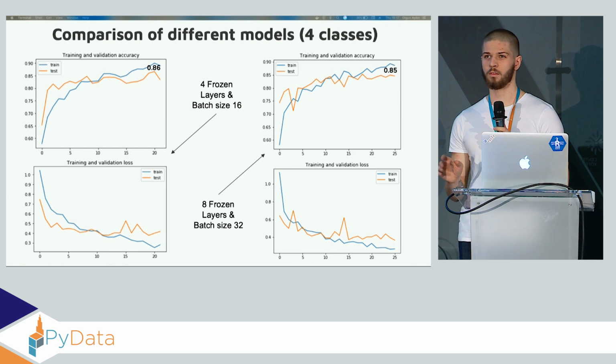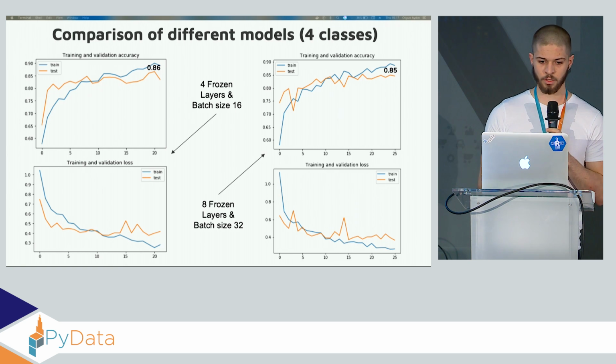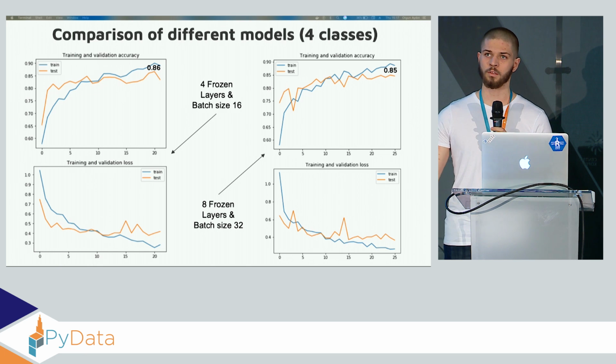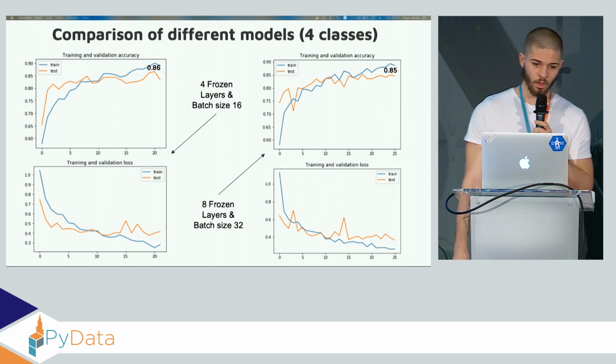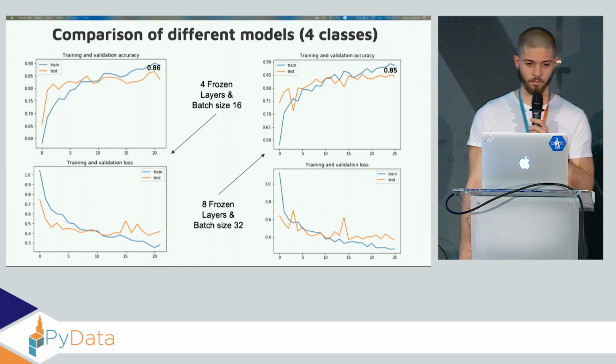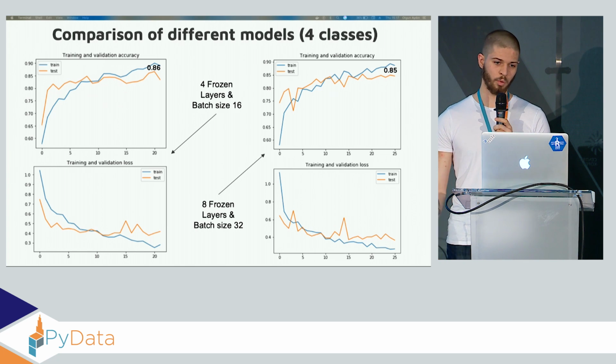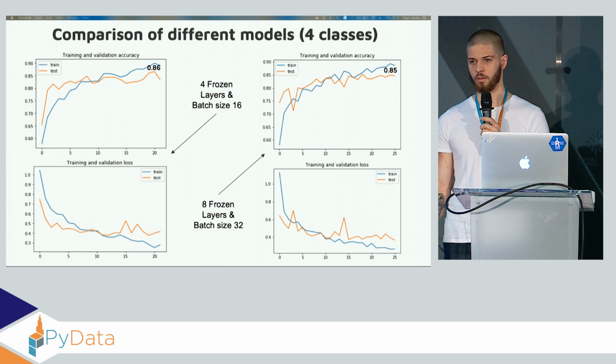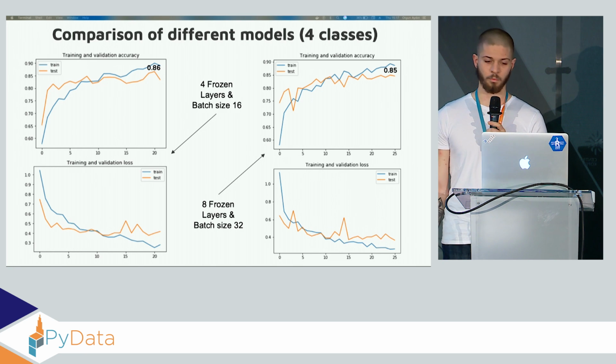At around the 10th or 15th iteration, it started to slow down, and then we can see a small gap between train and test accuracy. We managed to reach 0.86, 0.85 accuracy for most of the models.